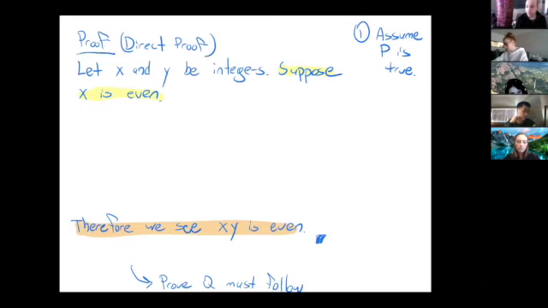Let me ask you then, what does it mean that X is even? Yeah, don't we have to define X, if X is even, then X is equal to 2A? That's right. So since we can assume that X is even, now we can refer to the definition.